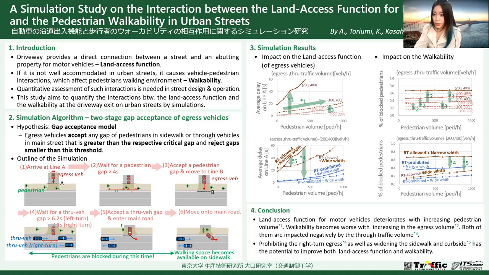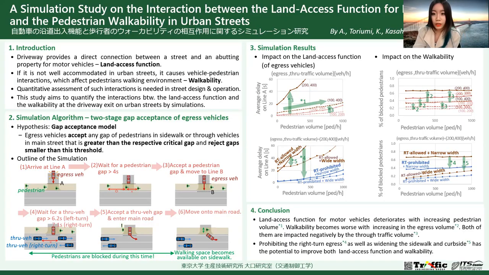And widening the sidewalk is also effective. This kind of simulation would be important, while in Japan the control of the driveway has not been well considered in street design and operation.